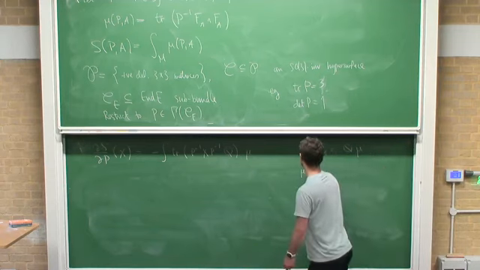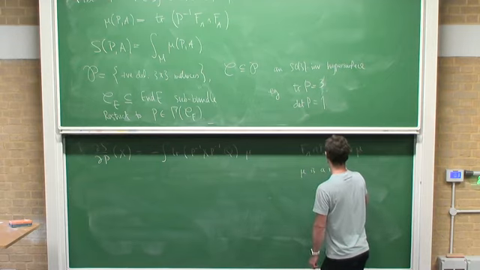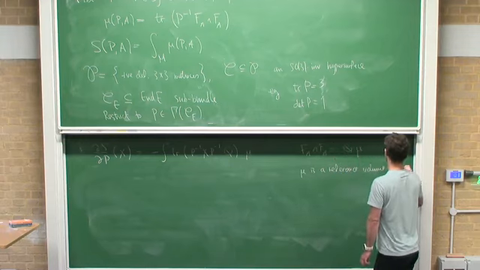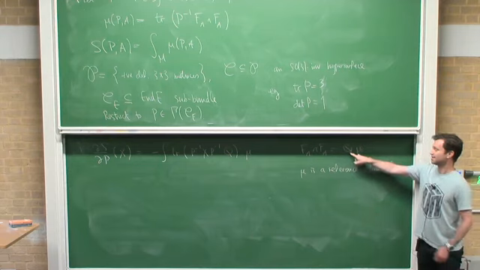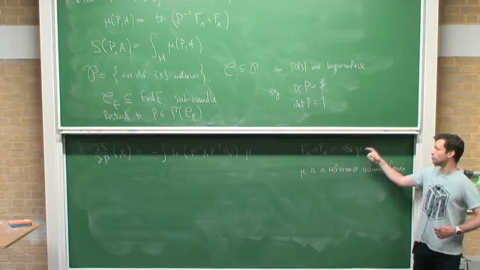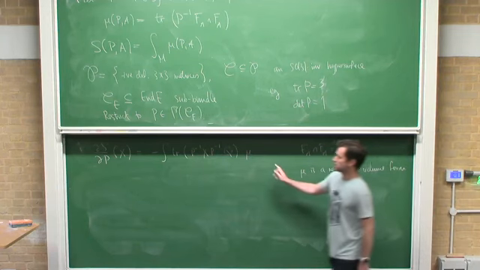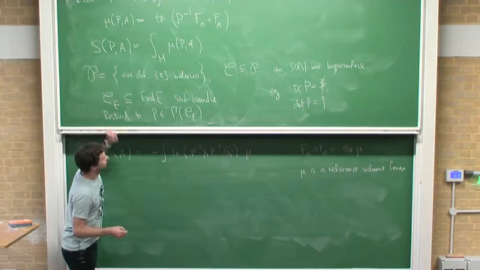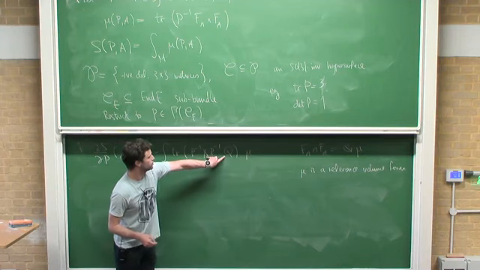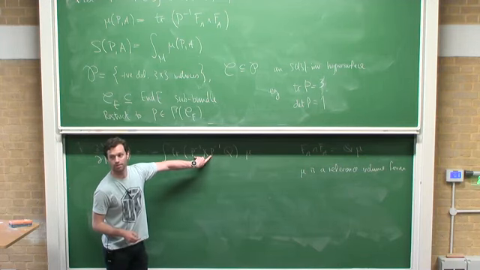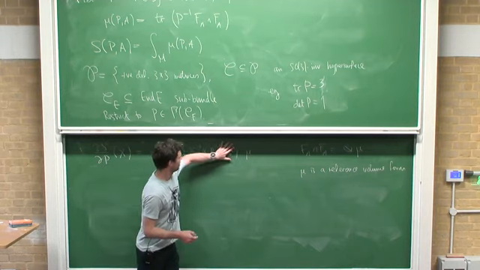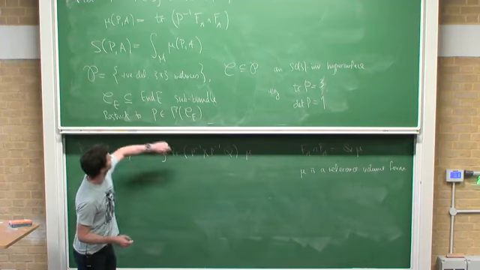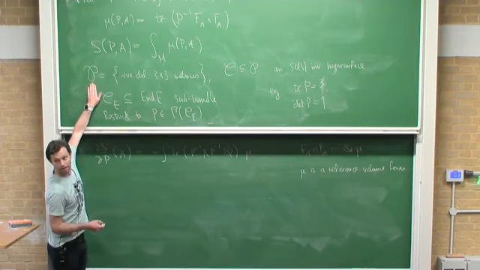So mu is a reference volume form. So Q doesn't have any intrinsic meaning except up to scale. If I chose a different reference volume form, I'd just be scaling Q. Okay, so now let's look at what this formula says. I'm taking the inner product of x with Q, but twisting them by p to the minus 1. This is a familiar formula. In general, this is how you would write down an inner product on the tangent space of curly P at every point.